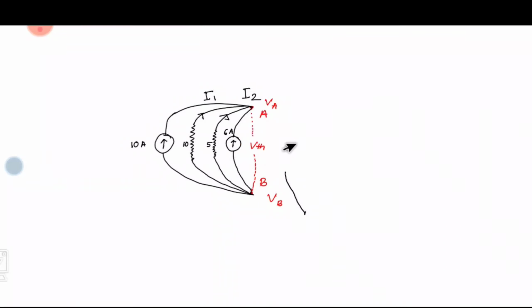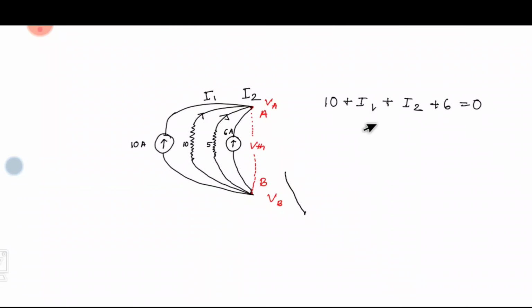So we will apply KCL here. All these 4 currents are inward at this node. So the equation would be 10 plus I1 plus I2 plus 6 equals 0. So this is our KCL equation.